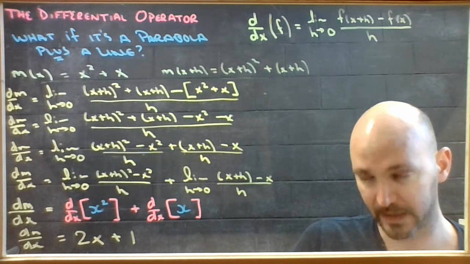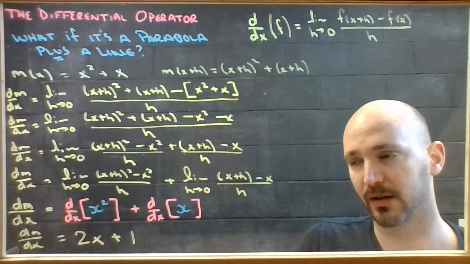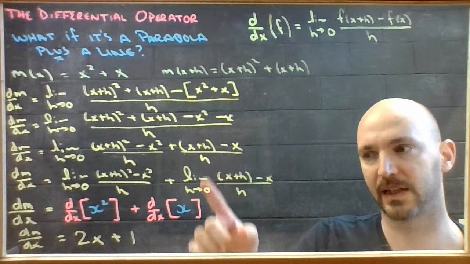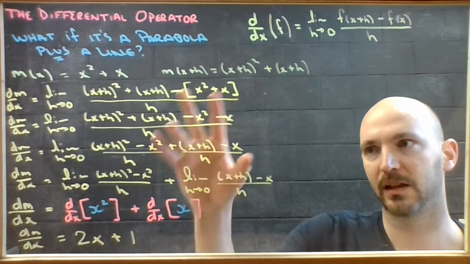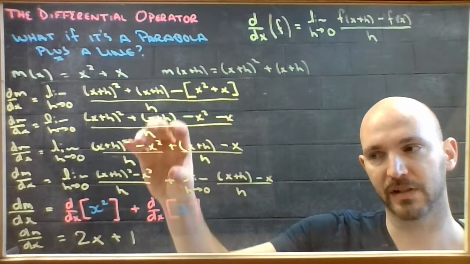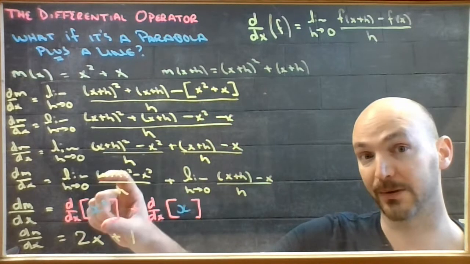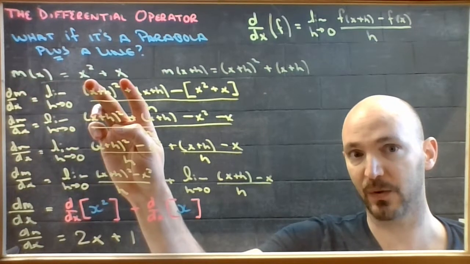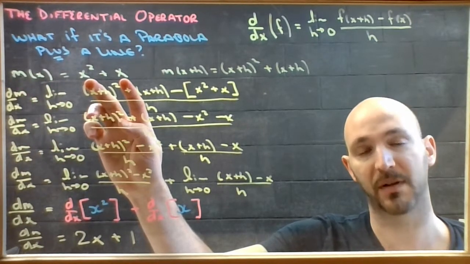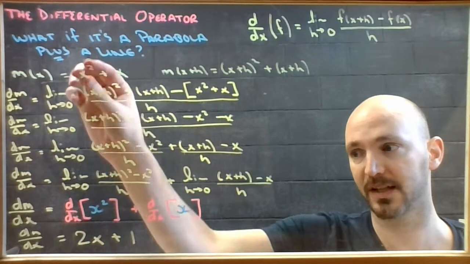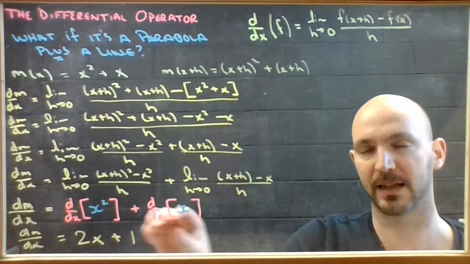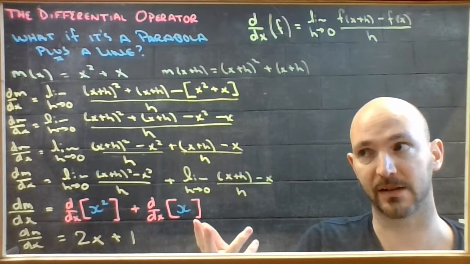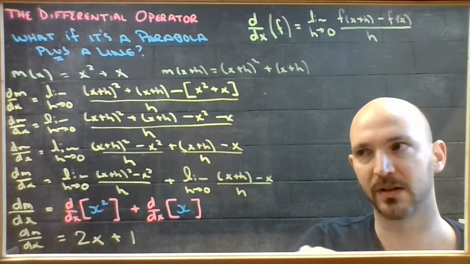Now the algebra in this is a lot of work, but if you can appreciate that at the end, this little bit of justification is allowing us to build patterns so that I can say, well, this function is two things added together. So if I could apply the differential operator to this one, get the answer, and this one, get the answer, I would have my full answer because I can just do it in separate parts.